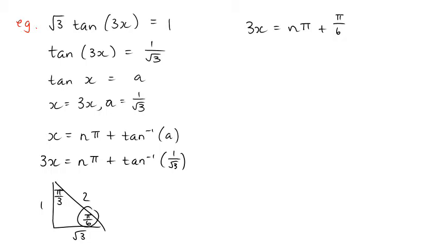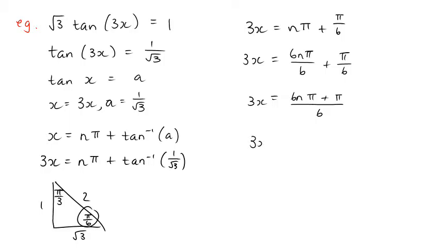Let's get a common denominator. 6n pi on 6 plus pi on 6. We'll simplify that. 6n pi plus pi all over 6. What's the common factor of the top? Pi.